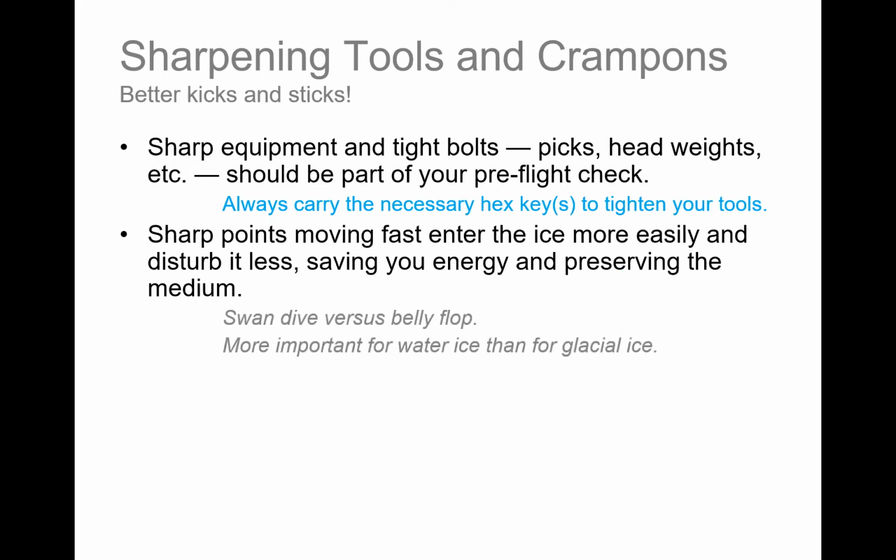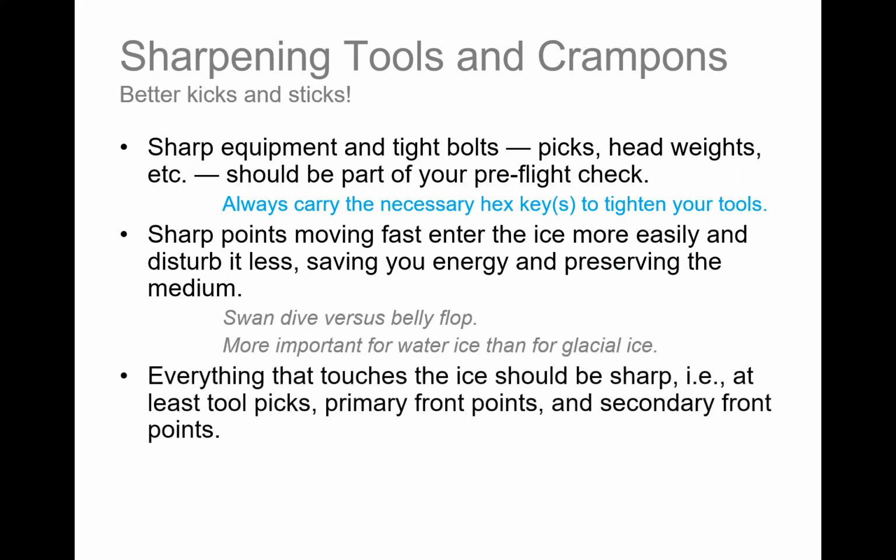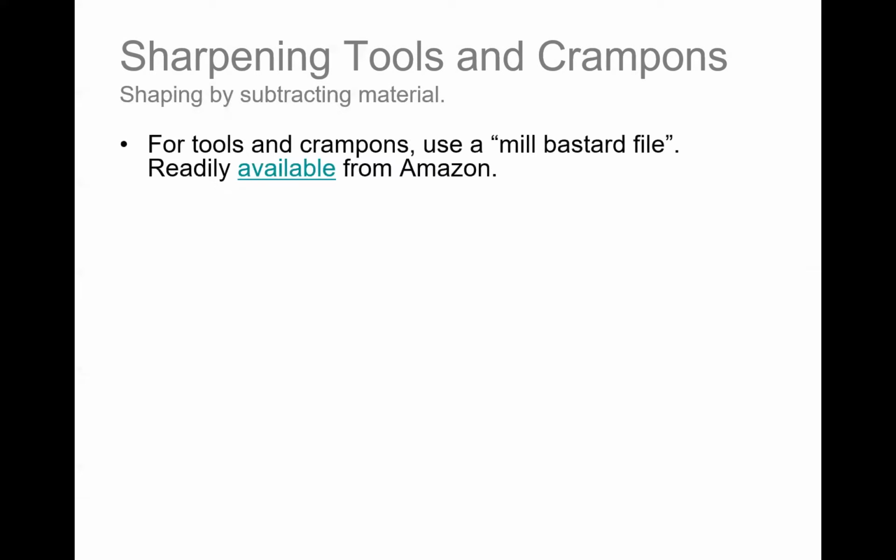The sharper points just allow you to move across the ice a lot easier, and you do move more effortlessly with sharper tools. I can't drive home enough how sharp tools really are a good thing for you.